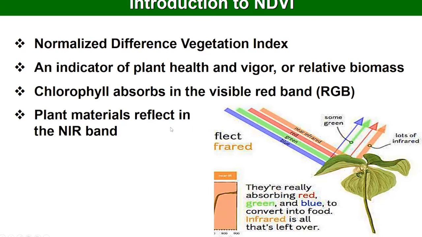If you look at this picture, the amount of green reflection is more than blue and red. For that reason, we see the plants as green. Why don't we see them in near infrared? Because that's not visible to us. We cannot see it. Does that make sense?